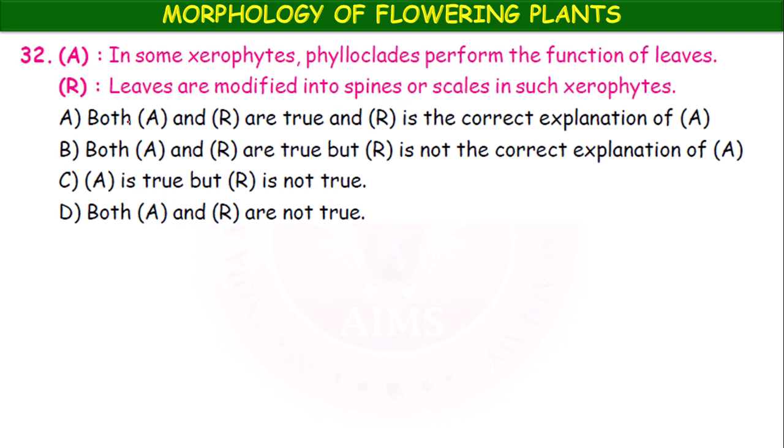Here the leaves are modified into spines and scales to reduce the water loss from the plant body. So here the function of leaf is to perform photosynthesis. Only assertion is correct, no doubt, but the reason is wrong.